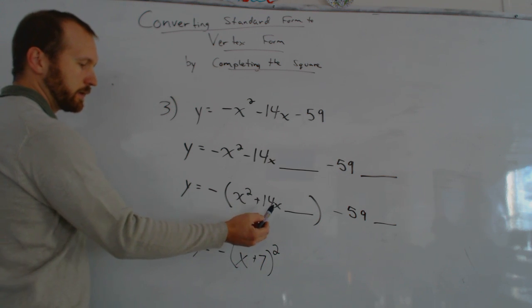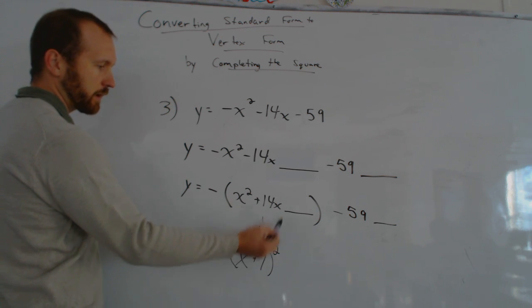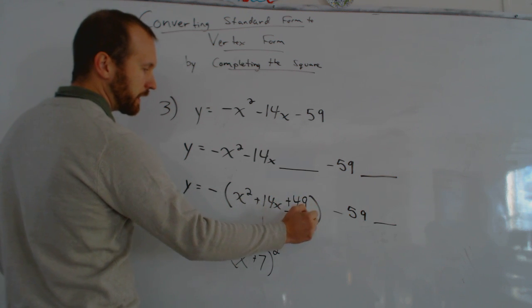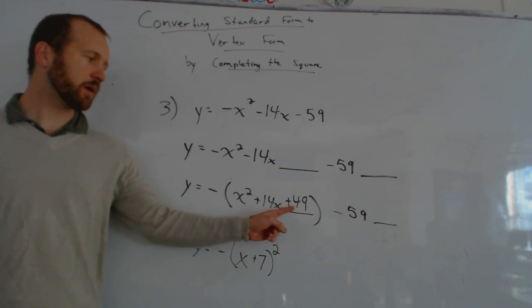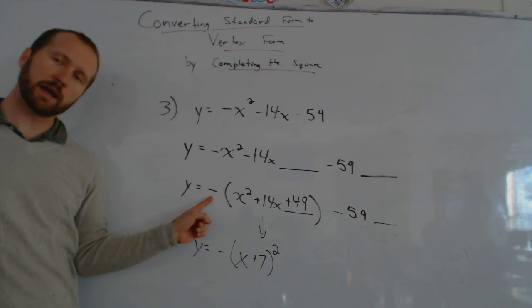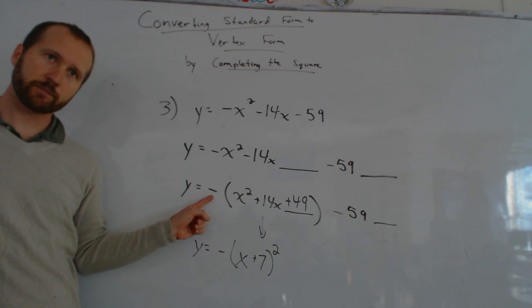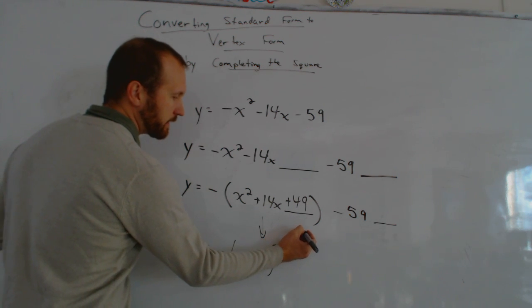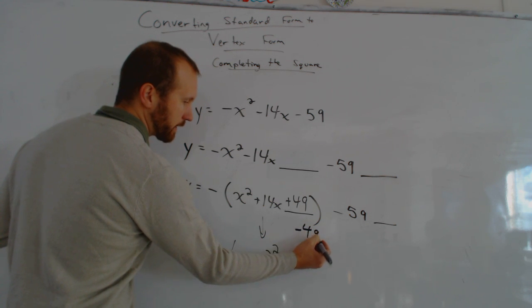We know that's what we want. So 7 squared is 49, right? So I'm adding 49. But remember, I'm really adding positive 49 times negative 1. So what I like to do is just write it. Technically, I'm doing minus 49 here.